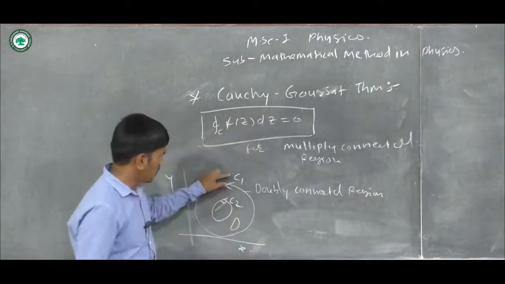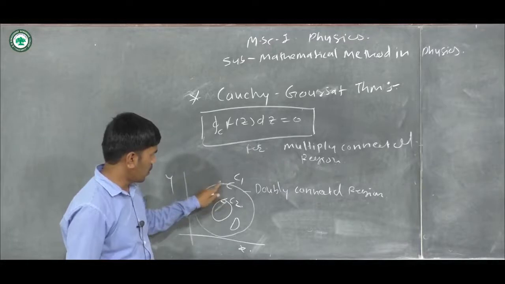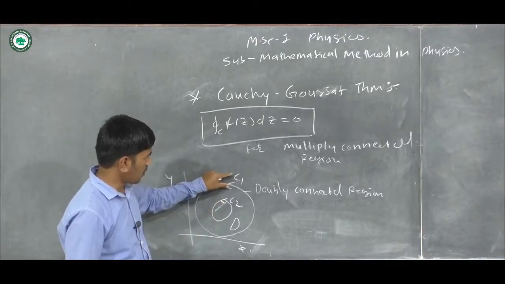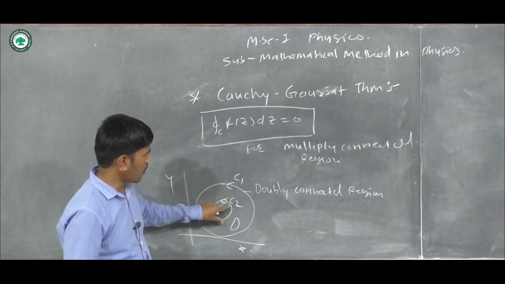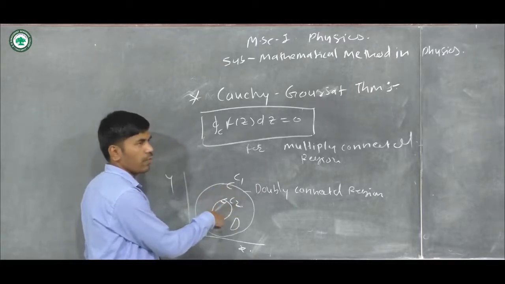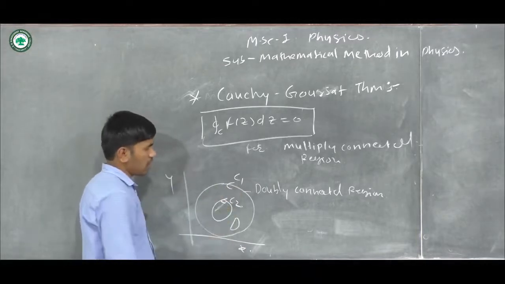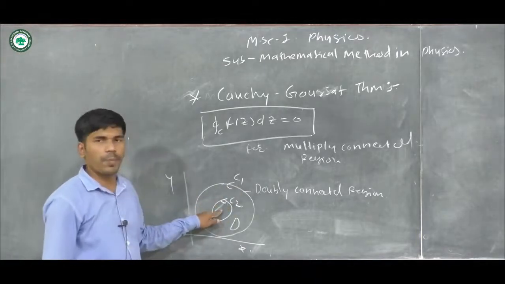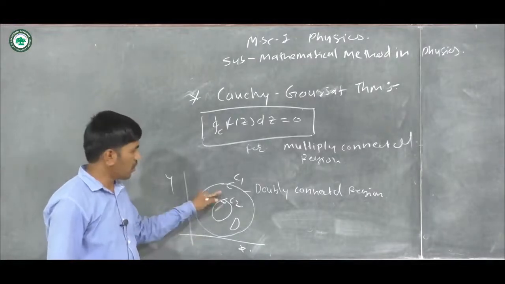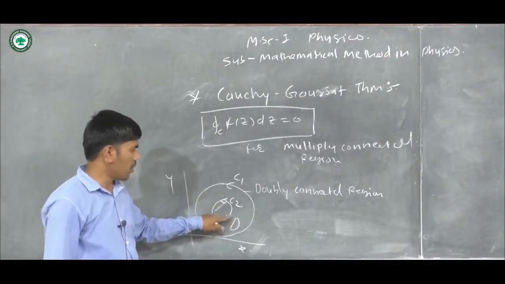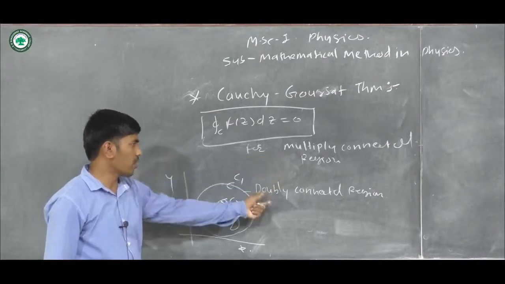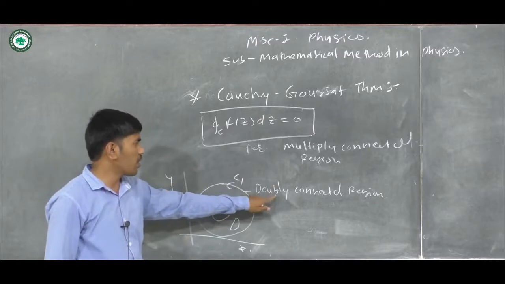This is the region between C1 and C2. If I draw a closed loop and it shrinks to a point P without leaving the region D, then we can call this a multiply connected region. So this is a doubly connected region.